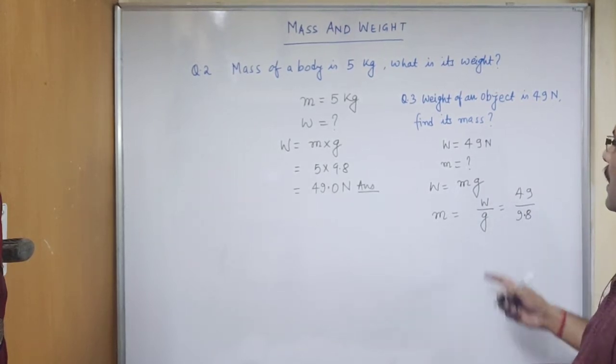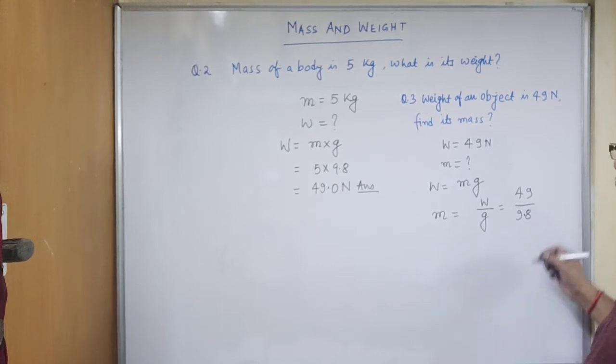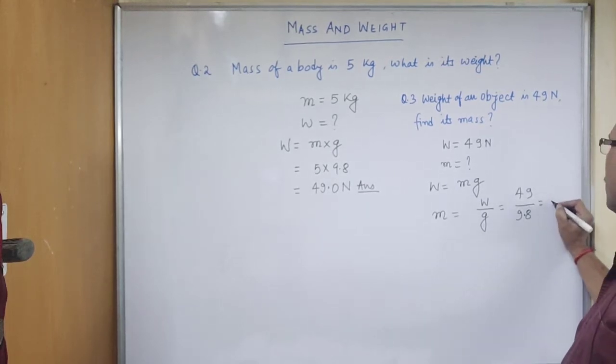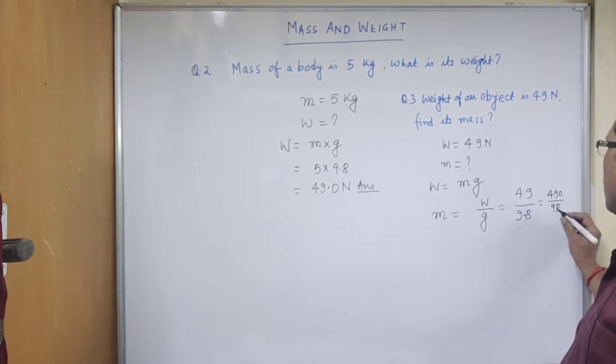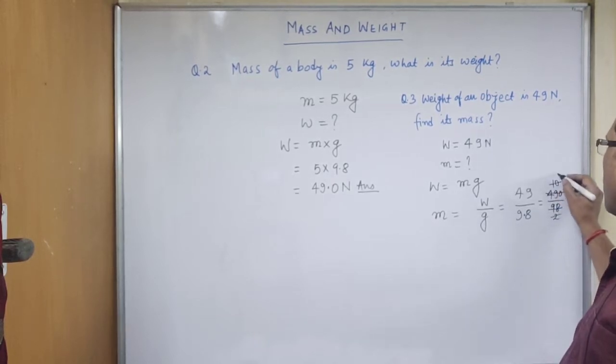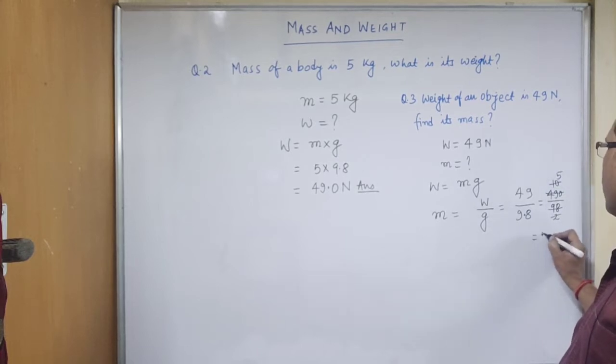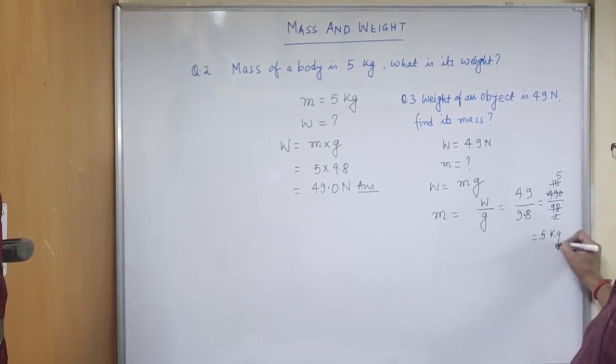We are taking 9.8 as the value of small g. So if you simplify, 490 by 98, after removing decimal, 49 twos are 10, so 5 kg. Just reverse of it.